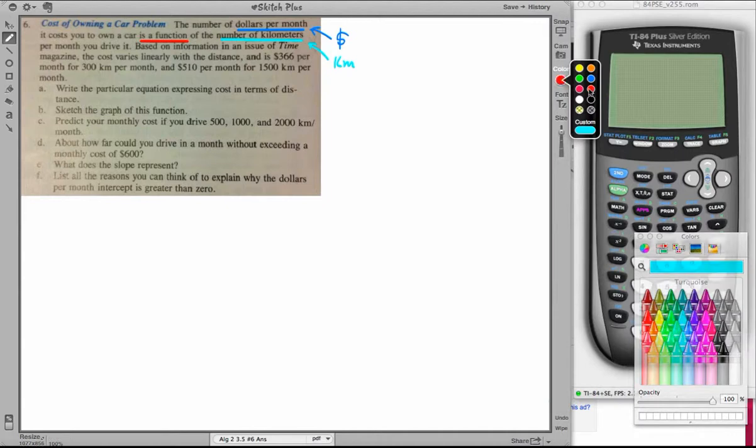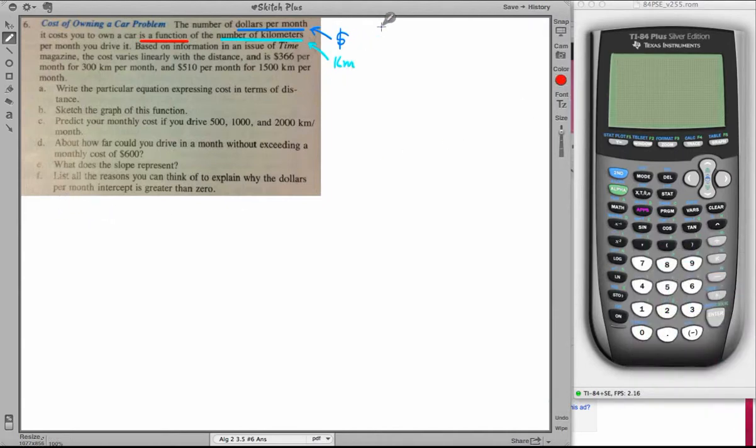In this case, probably you should decide that it is going to be the kilometers, which are the independent variable, dollars dependent.